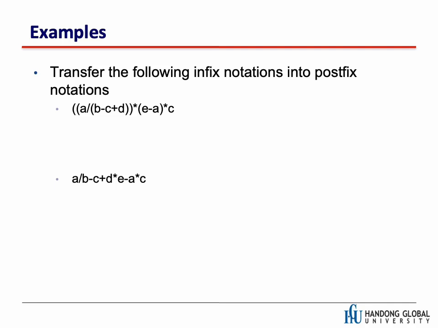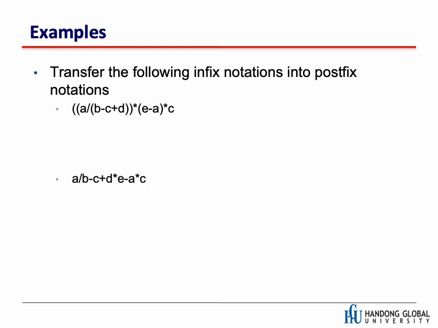And the next one, A slash B minus C plus and so on. Again, we don't change the order of the operands. So A goes first, and then B follows, and then slash, because A slash B will be evaluated first.